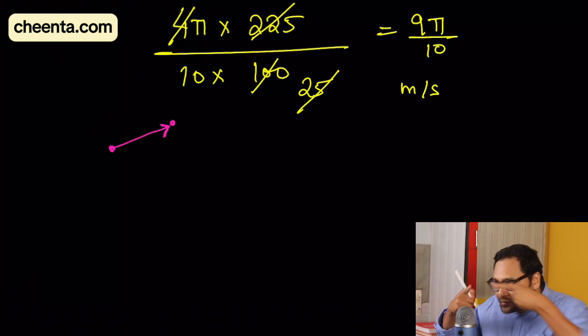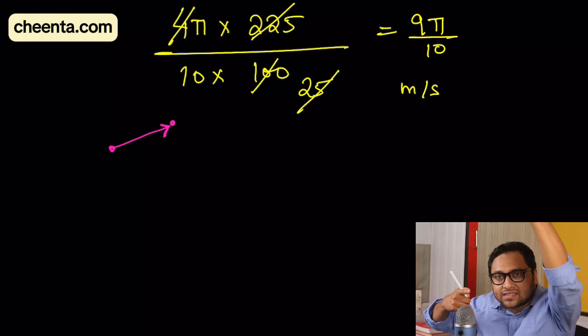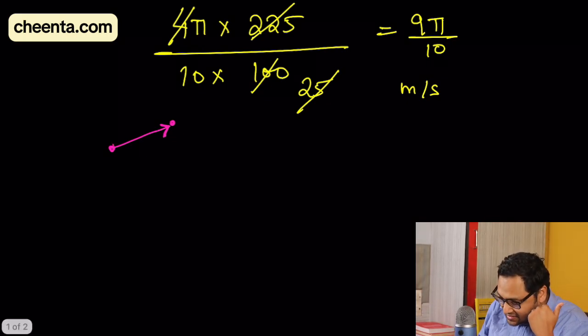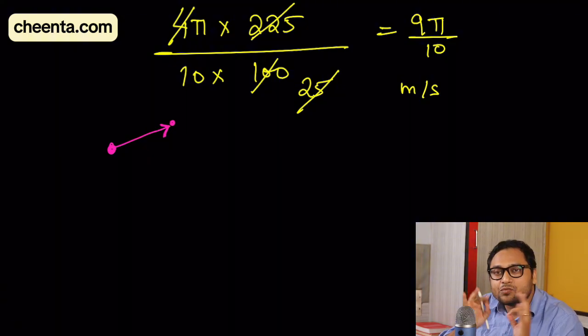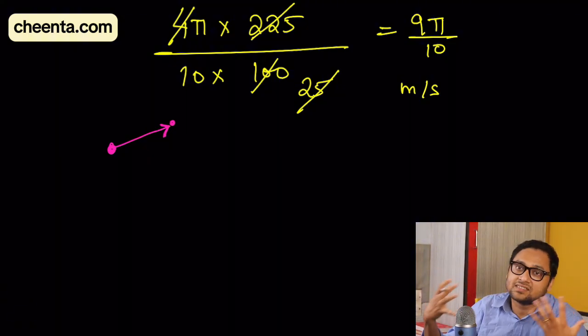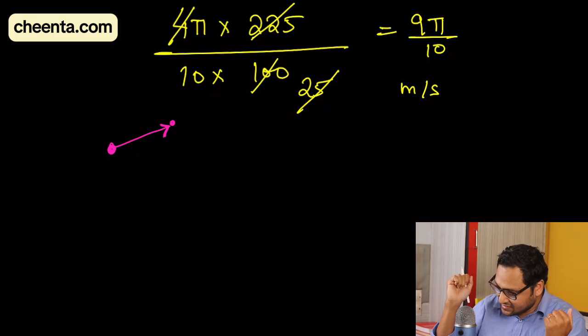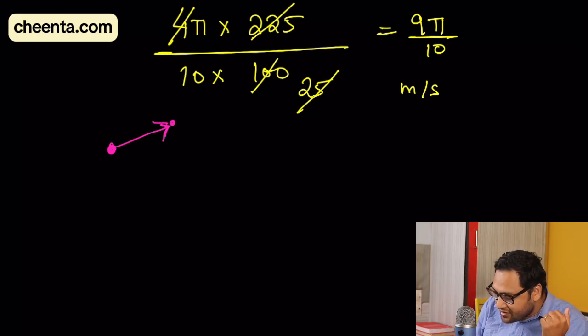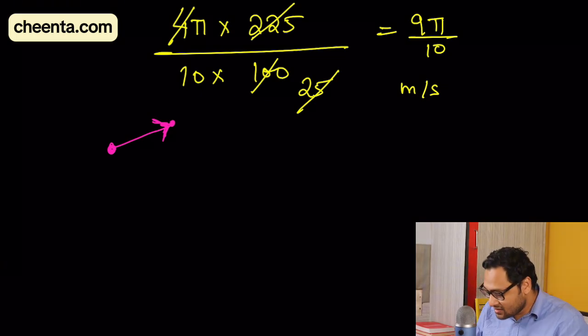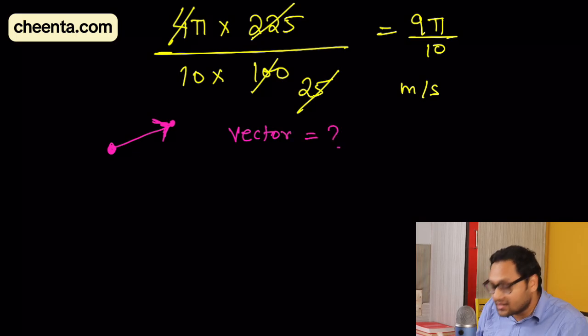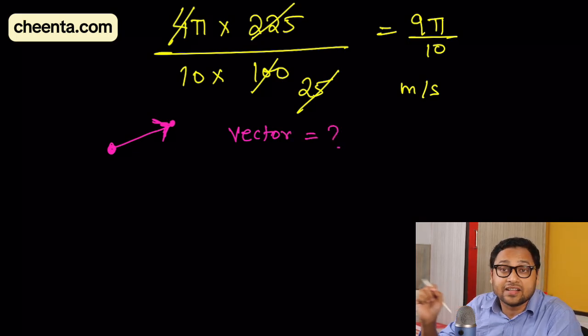The pointing direction of the arrow is the end point, and the starting point is of course the place where the entire vector starts. So how do you figure out the vector of the average velocity?